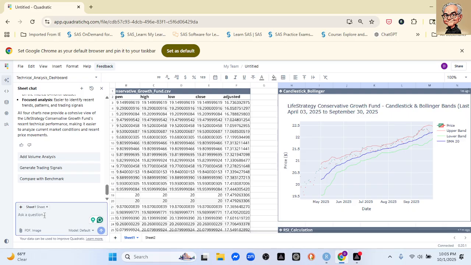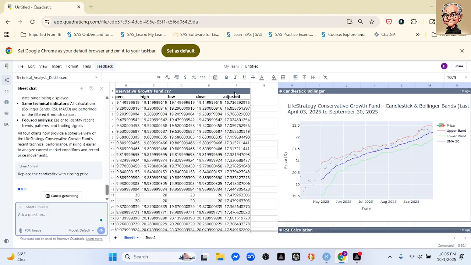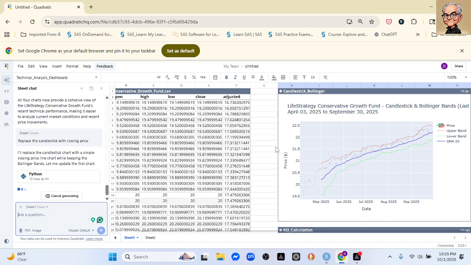Let's replace. There. Again, as you can see over here, there is no high and low price.